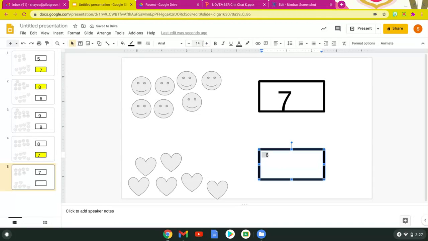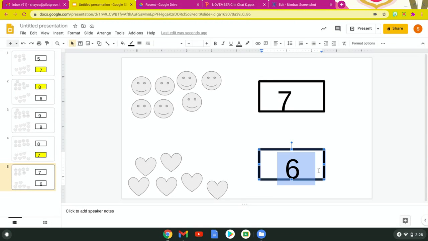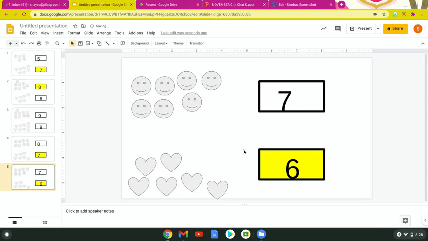Which one is less than? Is there less hearts or is there less smiley faces? Remember, less than means smaller. If you said there's less hearts, you are correct. So I'm going to go ahead and make those yellow because we know the hearts are less than the smiley faces.